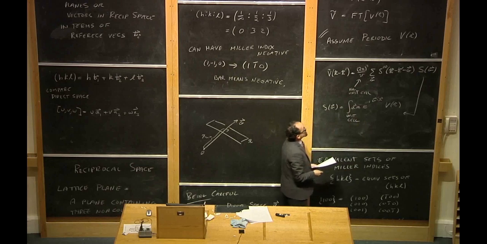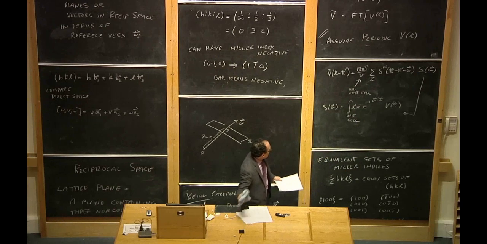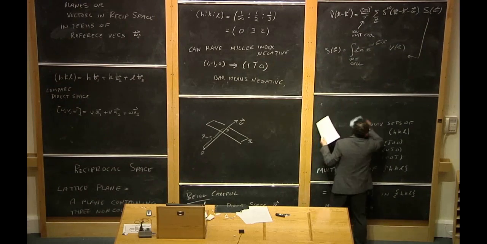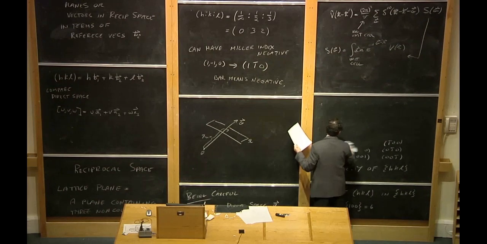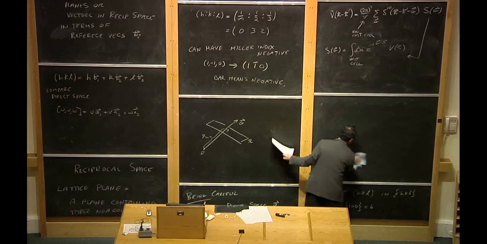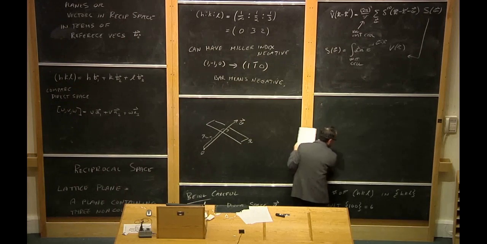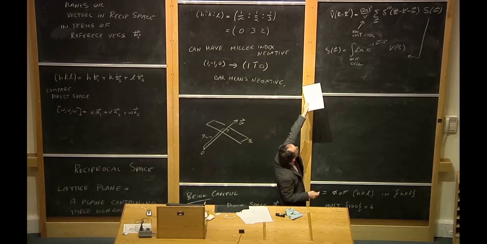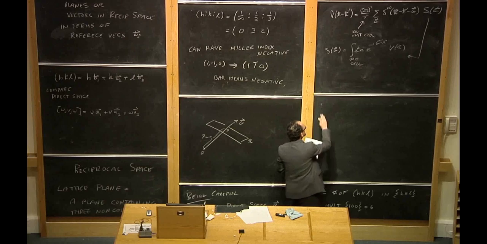So this is a law that we derived last time, and there are a couple of important facts about it that we mentioned. First of all, the Fourier transform of this periodic function is 0 unless we're looking at values of k which are elements of the reciprocal lattice.